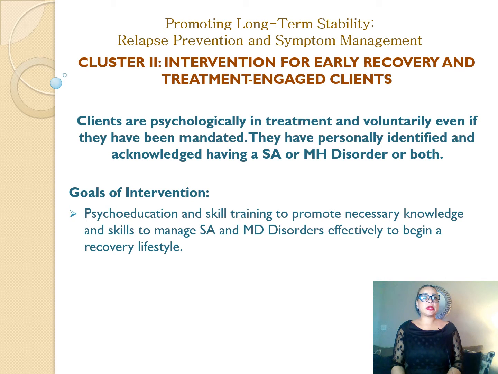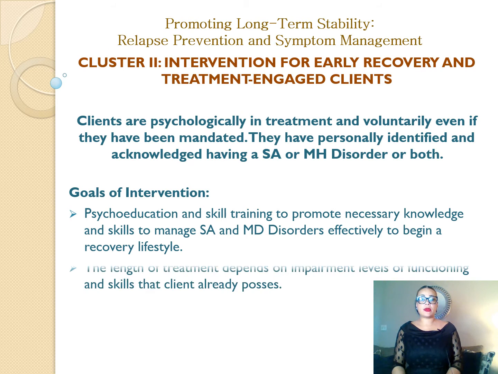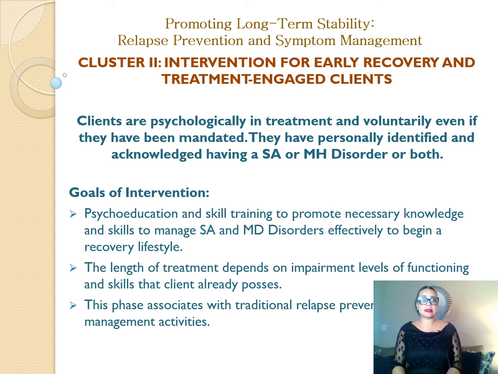The goals of intervention are psychoeducation and skill training to promote necessary knowledge and skills to manage SA and MH disorders effectively to begin a recovery lifestyle. The length of treatment depends on impairment levels of functioning and skills that clients already possess. This phase associates with traditional relapse prevention and symptoms management activities.